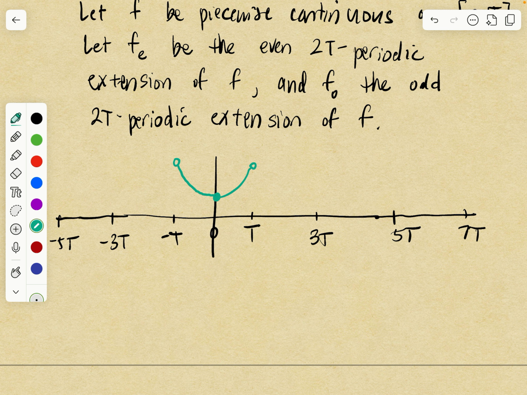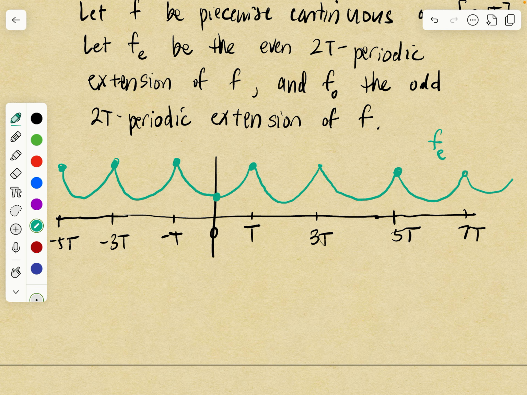So we just extend it, and it's going to look like this. It's just going to keep going on forever, and we can even define it at these points to make it continuous. That's what f sub e looks like, the even extension.